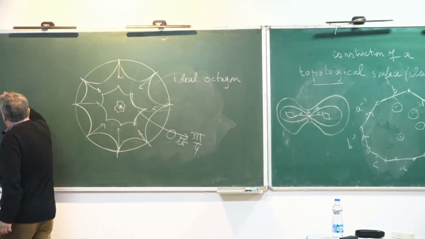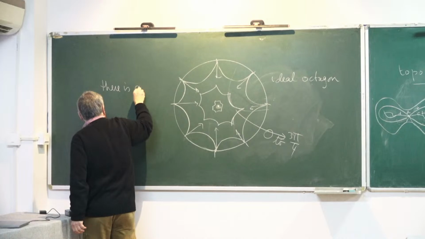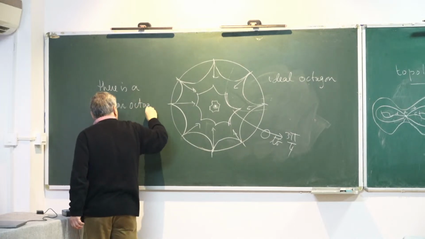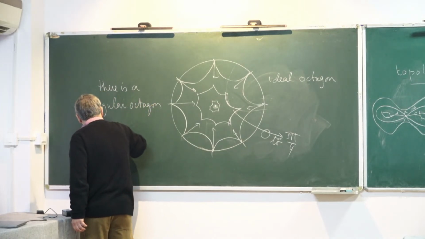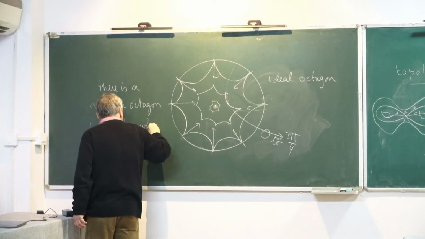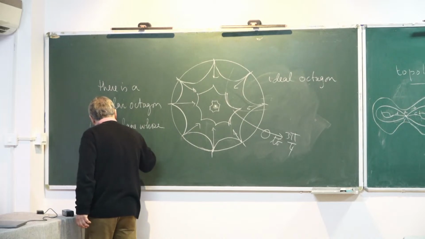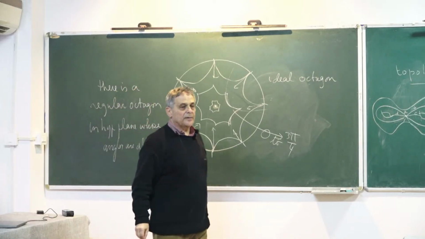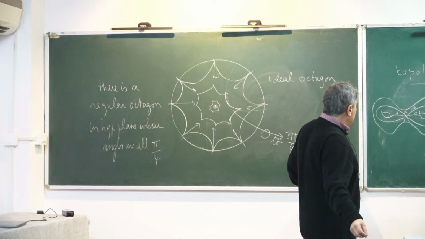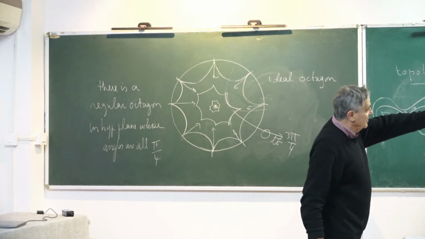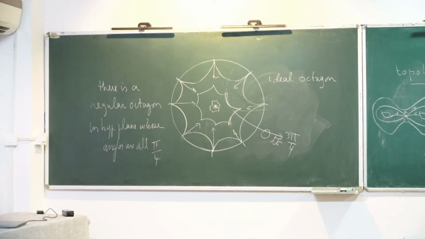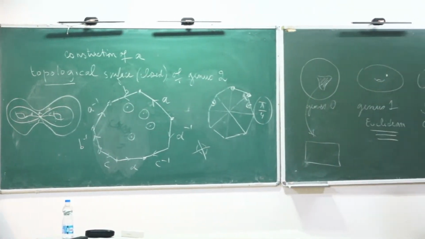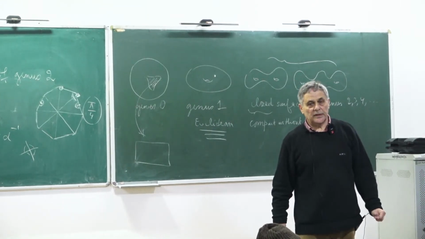So there is a regular octagon in the hyperbolic plane whose angles are all pi over 4. Everybody agrees? And then, well, I do this construction, and this is it. I find a hyperbolic metric on a closed surface of genus 2. Right?